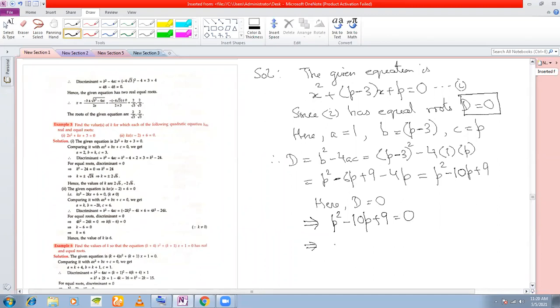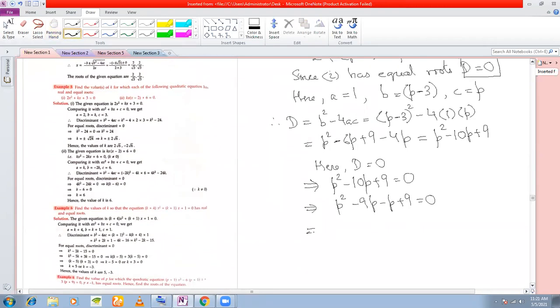So now this is also a quadratic which you can easily solve by factorization. Minus 9p minus p plus 9 is equal to 0. That means p into p minus 9 minus 1 into p minus 9 is equal to 0. That means p minus 9 into p minus 1 must be equal to 0.